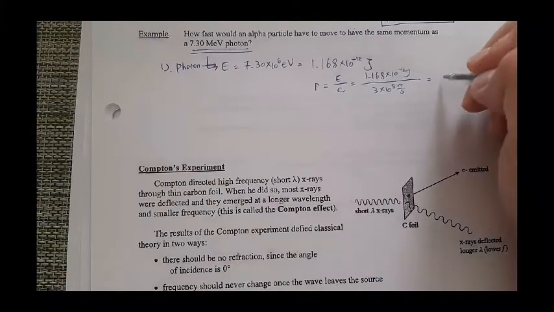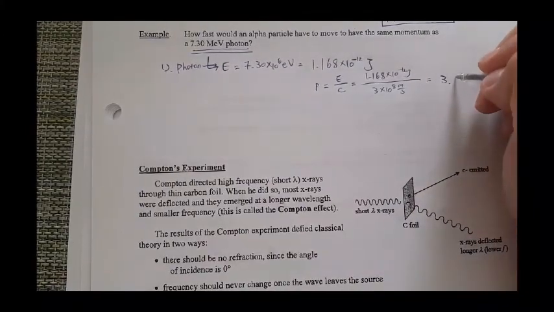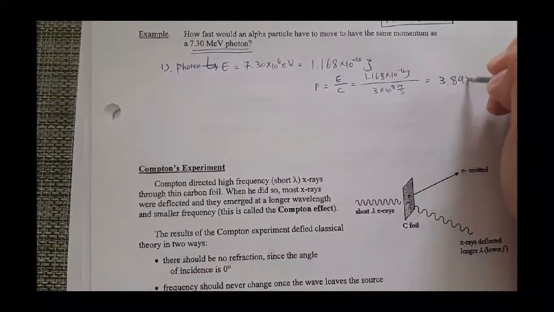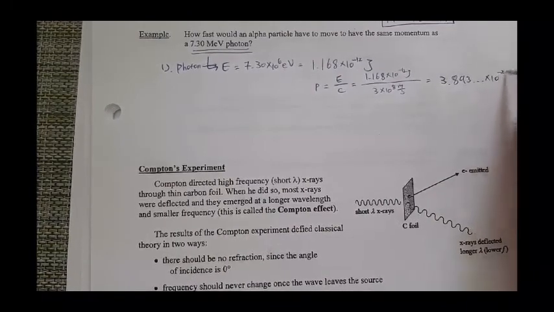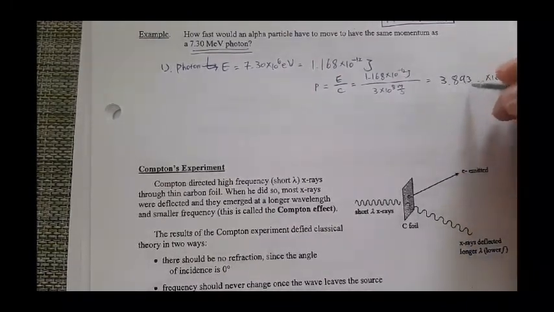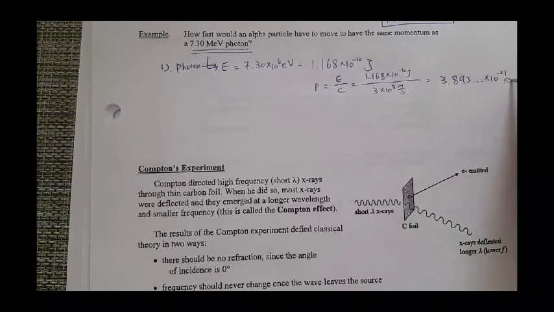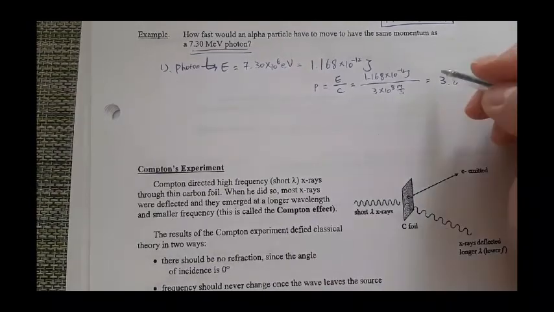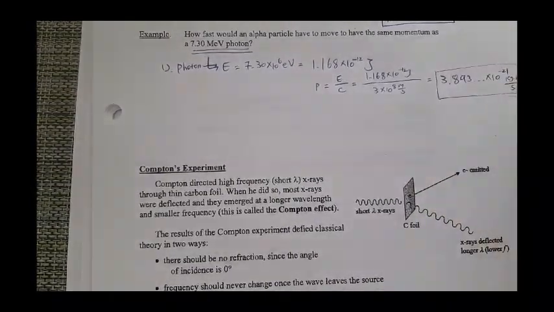Then you will have, and we're going to round it a little bit, 3.893 × 10⁻²¹. It's a good idea to keep about 3 decimal places if you want. That is the momentum possessed by that EMR with the energy of 7.30 mega electron volts.